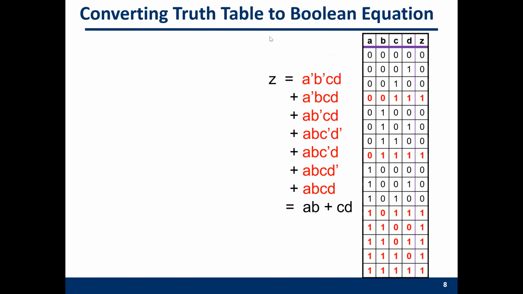We introduced the so-called canonical form in the last class. The canonical form includes two types. One is the so-called sum of products. The other is the product of sums. And of course, each product corresponds to a row in the truth table which can generate a one.